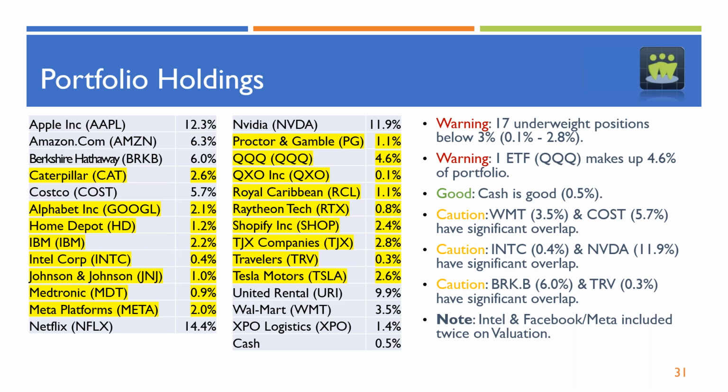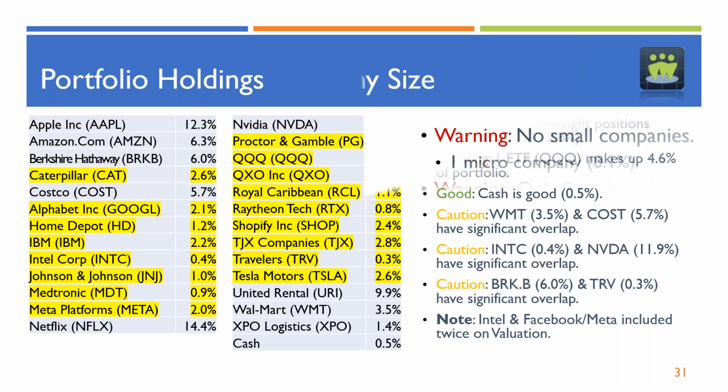We want you to find the best and invest in the best. Intel and Facebook, just as a note to the treasurer, both of them were included twice. It just kind of complicates things, but I've added them together on this table here to calculate the total exposure to those companies.